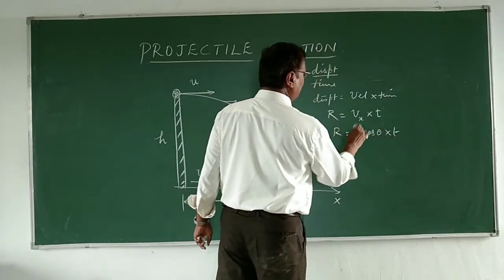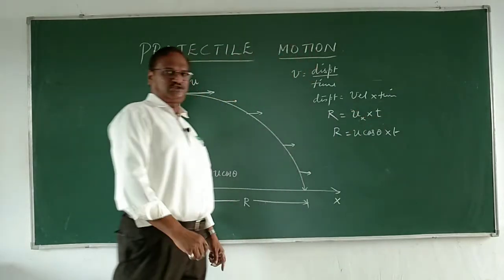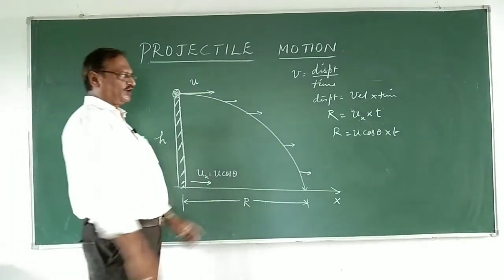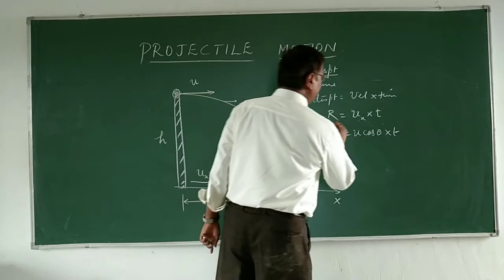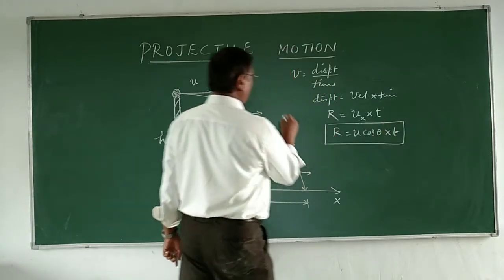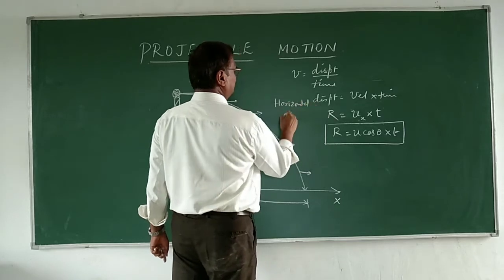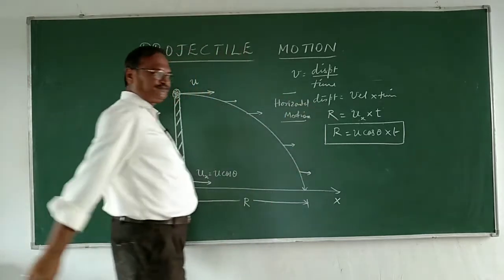This is horizontal range. Here also we have taken ux, so u cos theta. Either you take v or u, it doesn't matter because we are talking about only one velocity here. So this is the horizontal motion we are talking about.